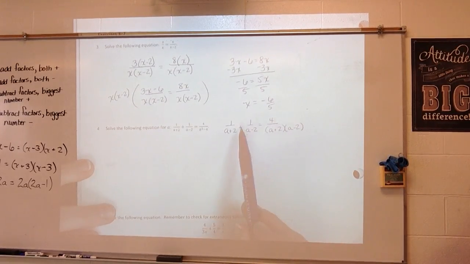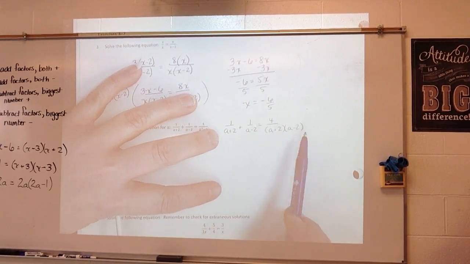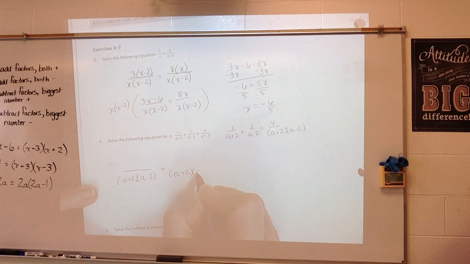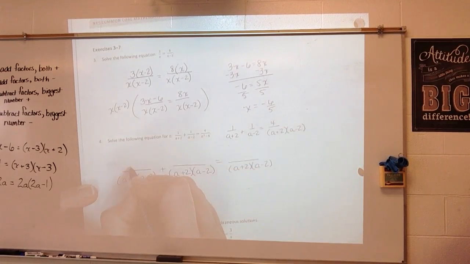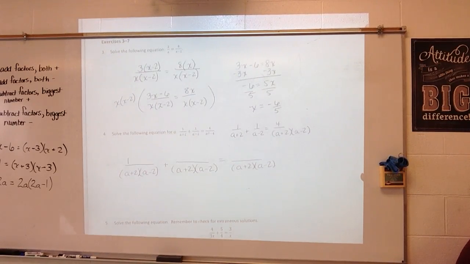All right, so look at my common denominator. I have an a plus 2. I have an a minus 2. So my common denominator is going to be a plus 2 times a minus 2. All right, so my numerator for my first fraction is 1.